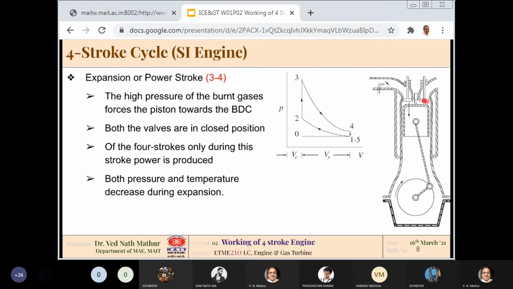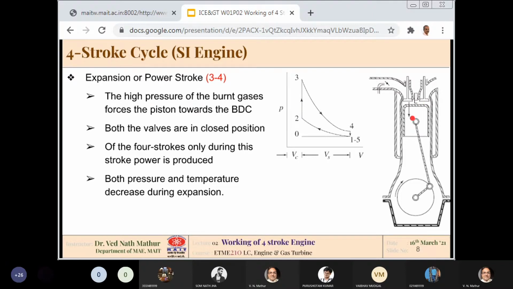So the air plus fuel mixture burns. When it burns, the temperature rises up to an order of 2000 degrees centigrade. Because of the rise in temperature, pressure also increases, and this pressure, or the expanding gases, pushes the piston from top dead center to bottom dead center. So this stroke is the power stroke.